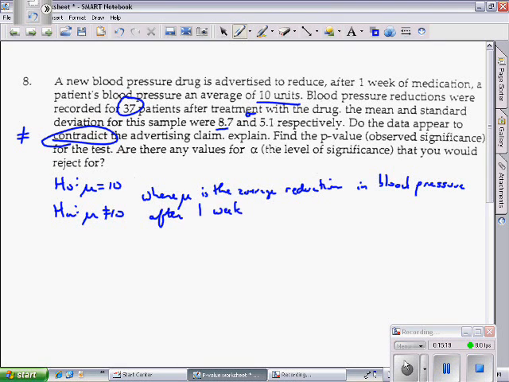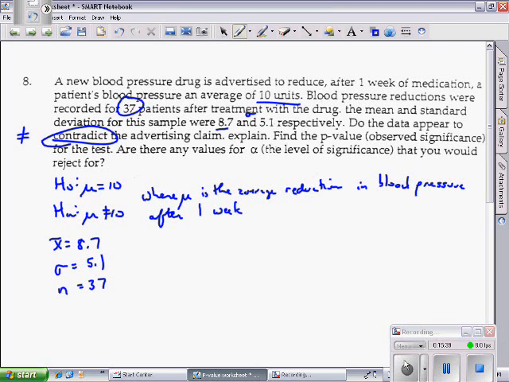Anytime you use a letter like mu, you need to define it. Now I don't have to redefine sigma because sigma is understood to be the standard deviation of whatever you said mu was. So now when I write my givens, I have that x bar was 8.7, sigma was 5.1, and n is 37.